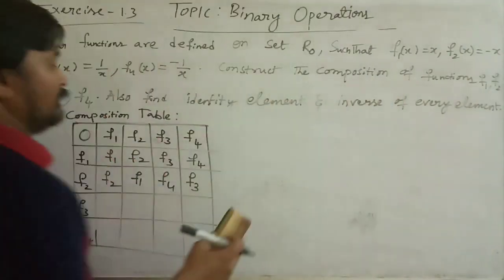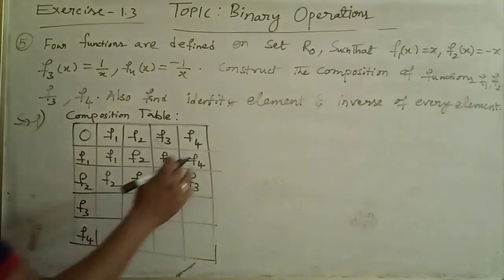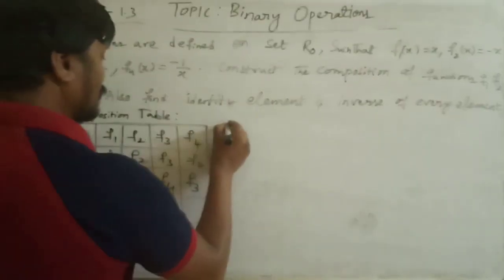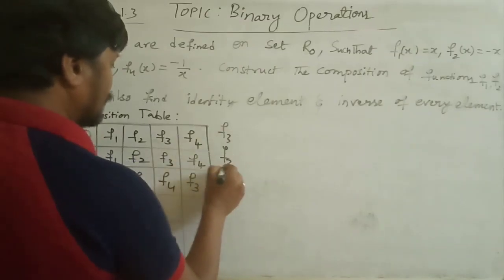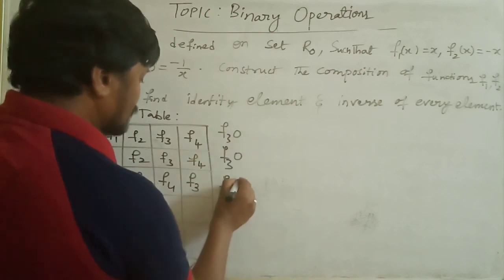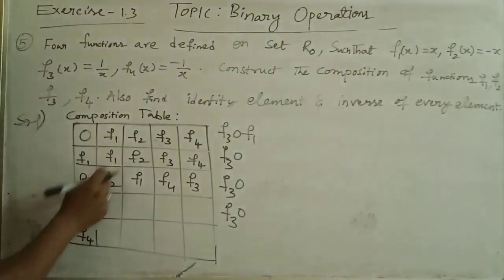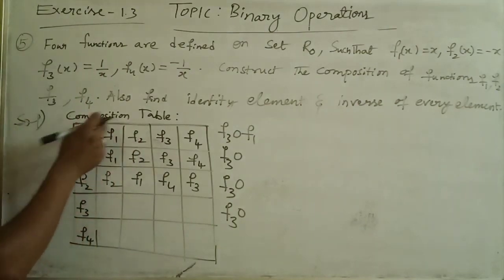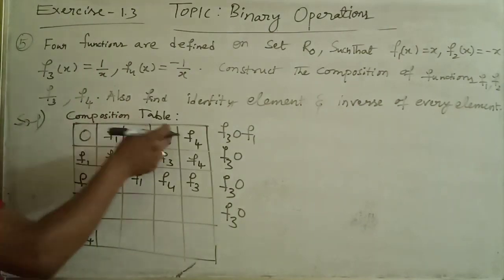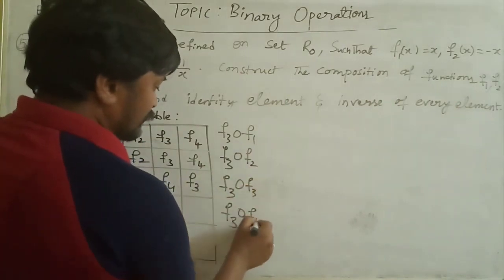So when you solve that, what are you going to get? Now f3: we solve f3 circle f1, f3 circle f2, f3 circle f3, f3 circle f4. So f2, f3, f4.